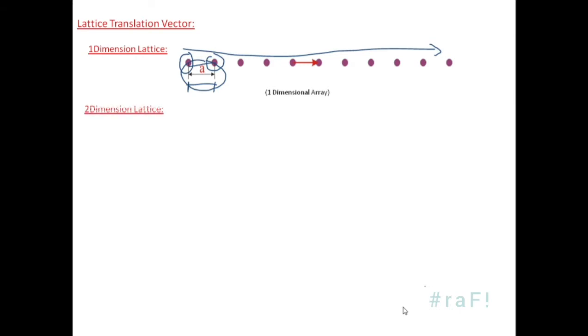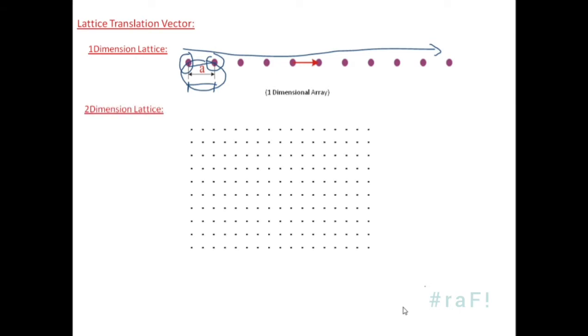Next, two-dimension lattice. Here you can see these lattice points are horizontal and these lattice points are vertical.